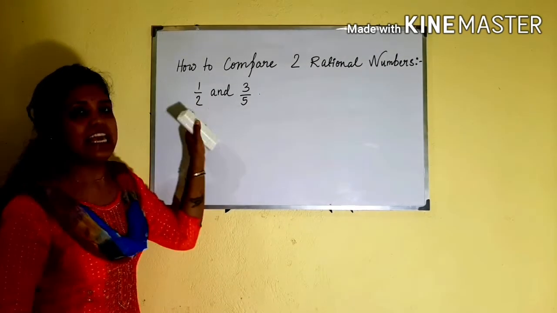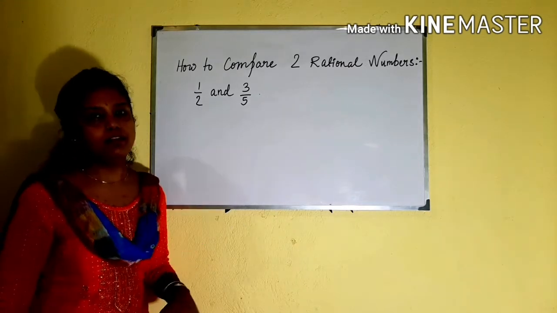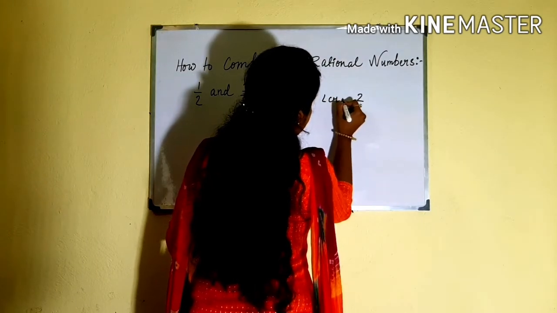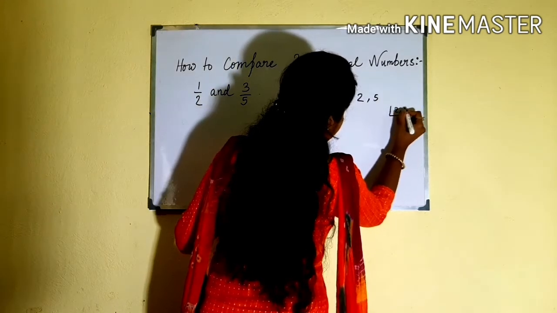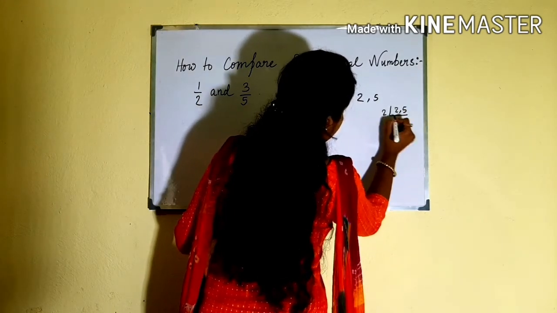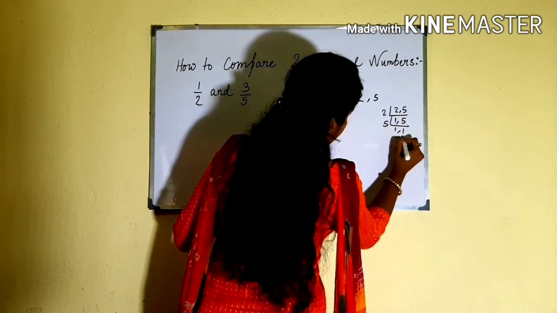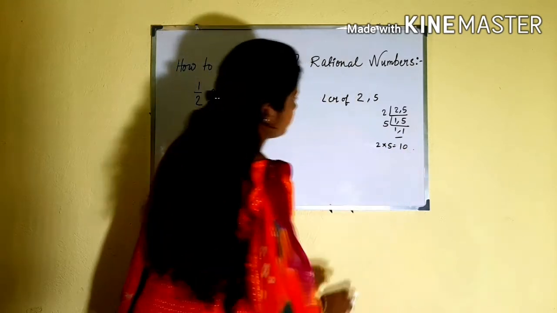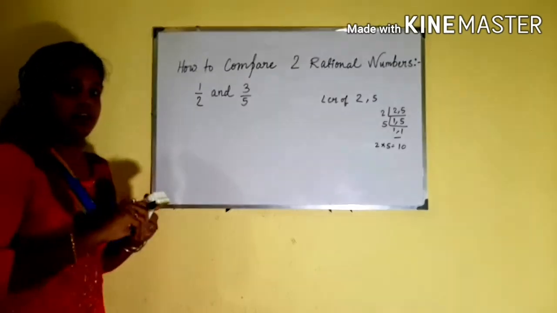We are going to take the LCM of the denominators. What are those? 2 and 5. So the LCM of 2 and 5 is 10.